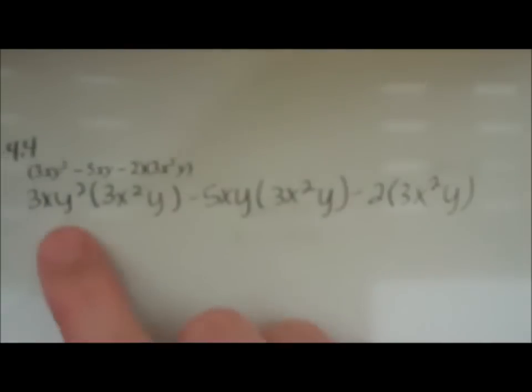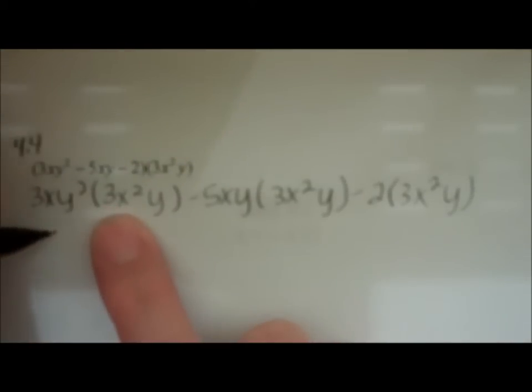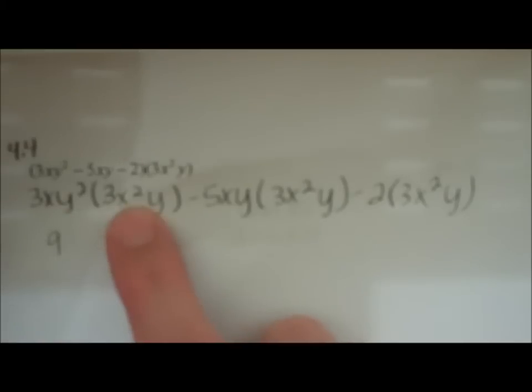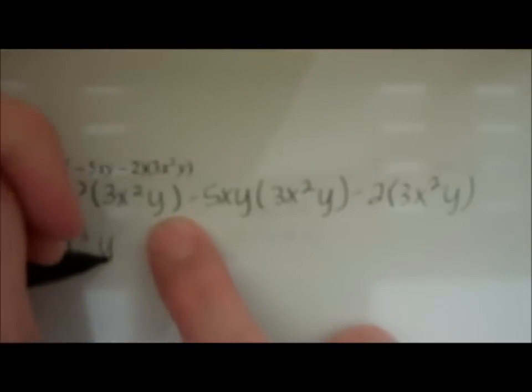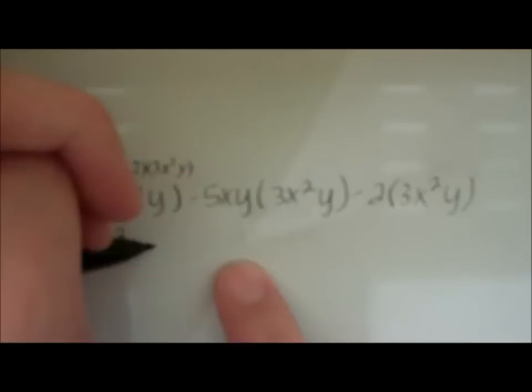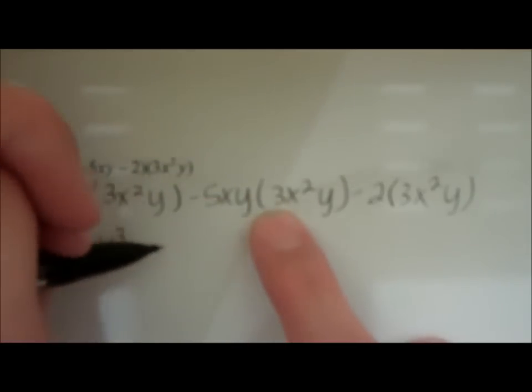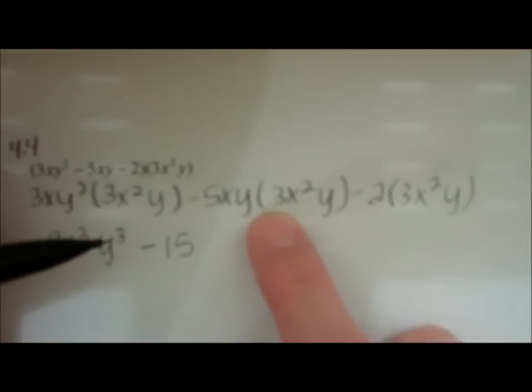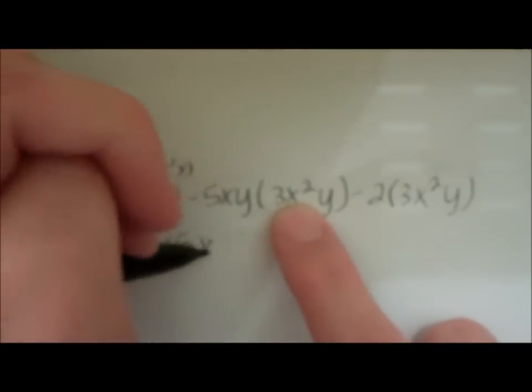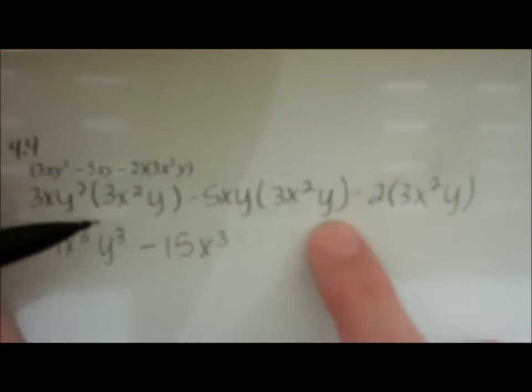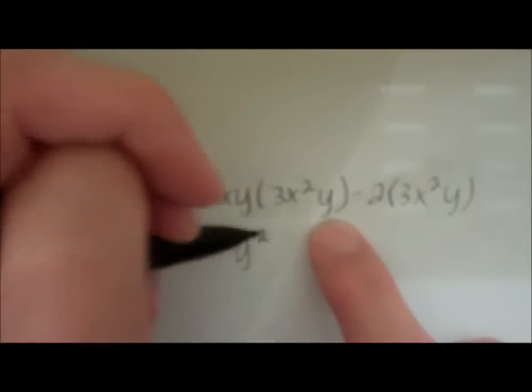Okay, from there I'm going to take this and distribute it. So 3 times 3 is 9. I have an x and an x squared, that's x cubed. Y squared and y, that's y cubed. Minus, I have 5 times 3, which is 15. X times x squared, that's x cubed. Y times y is y squared.